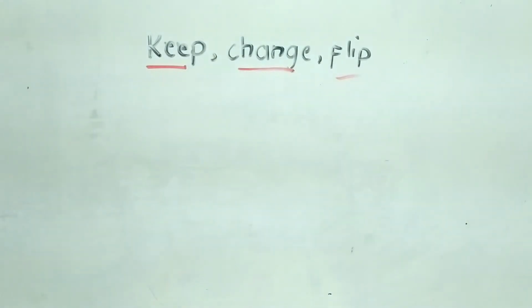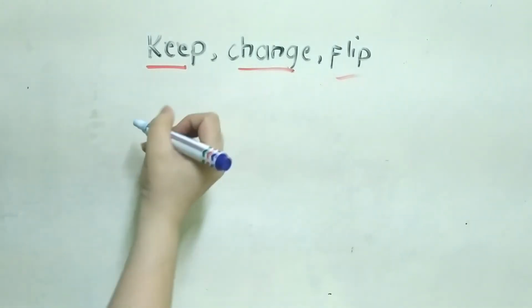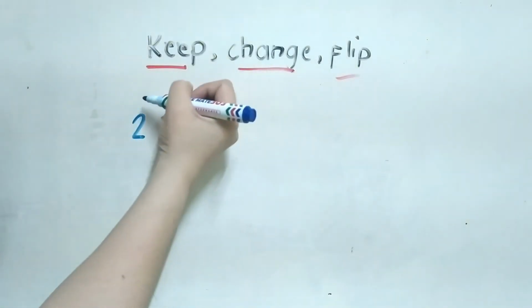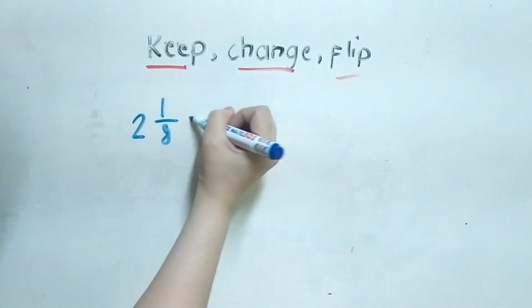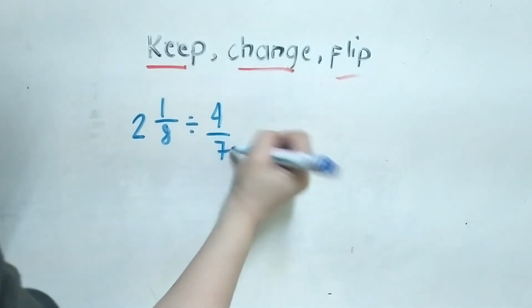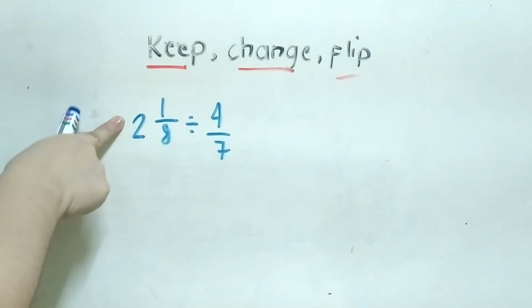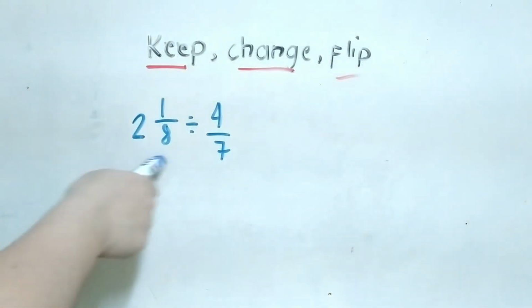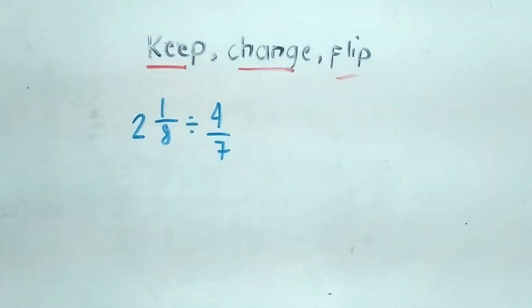So, for example, 2 and 1/8 divided by 4/7. So, meron tayong mixed number. So, ang sabi doon, gagawin natin tong improper fraction. So, paano? Katulad ng mga past lessons natin, dapat alam na natin ito kung paano mag-turn ng mixed number into improper fraction.